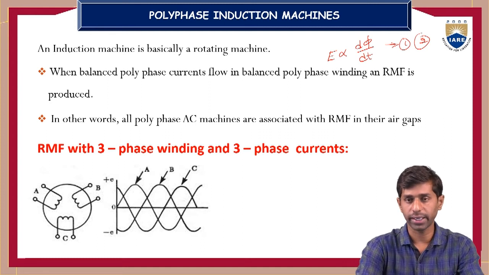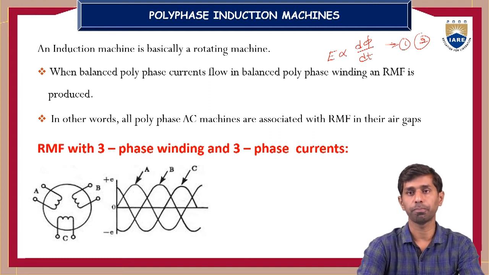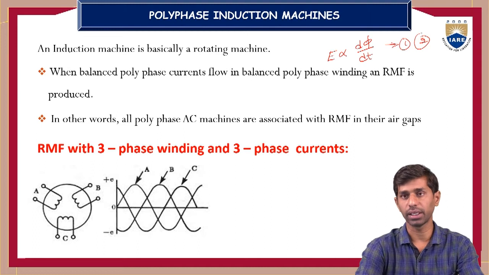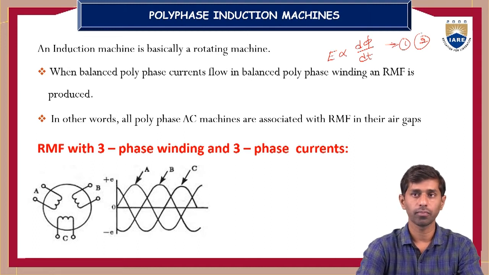In this context, we are discussing how the magnetic field is revolving or rotating, and whether it is a constant magnitude revolving magnetic field or a variable magnitude revolving field. We will discuss this in this video.